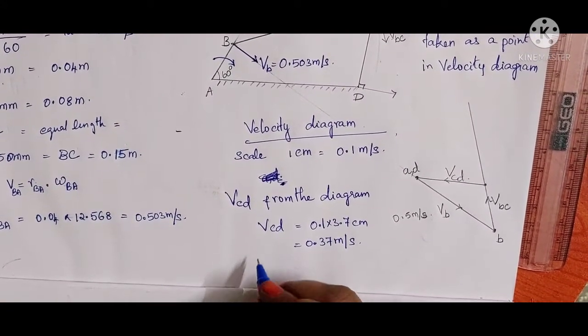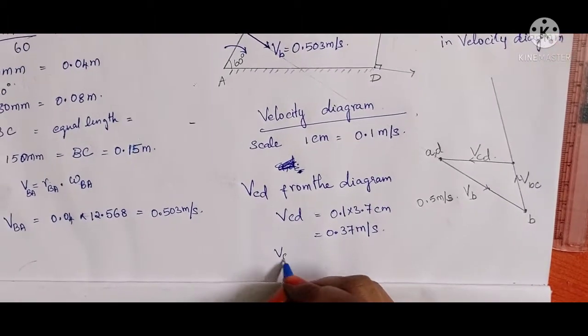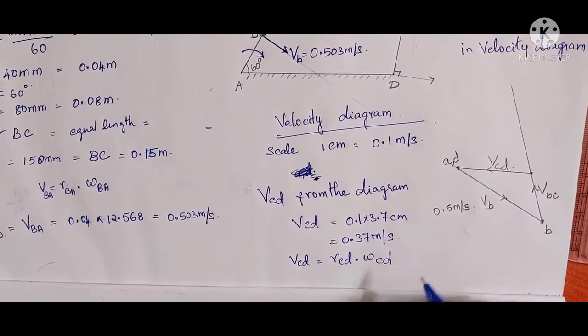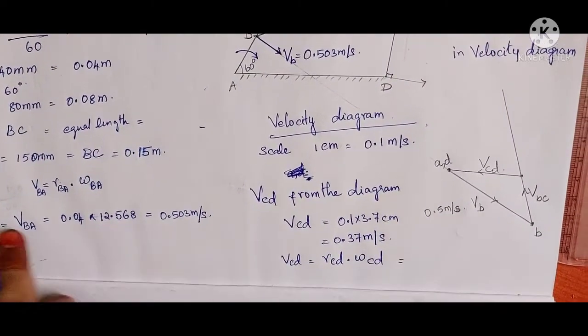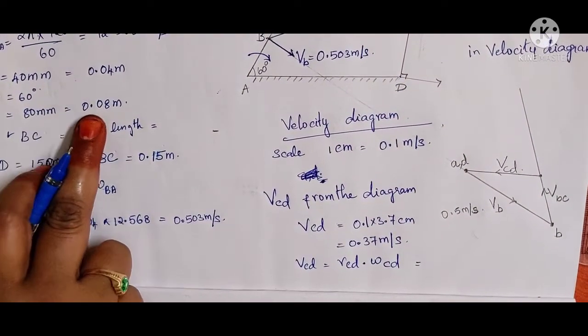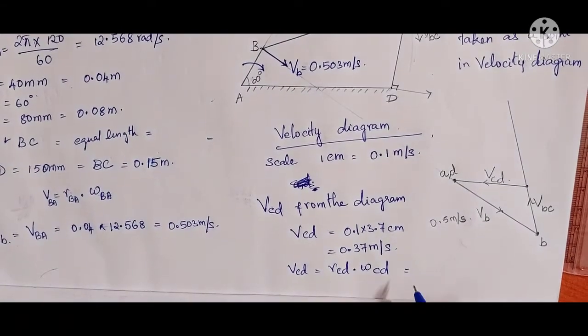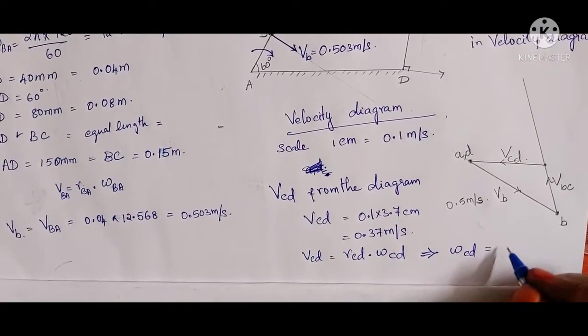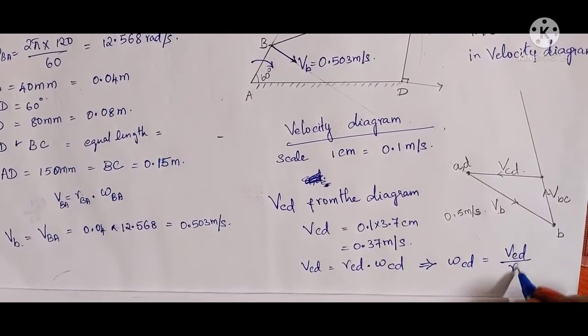We know the relation that VCD equals RCD dot omega CD. The RCD link length is 80 mm, that is 0.08 meter. Deriving from this, omega CD equals VCD by RCD.